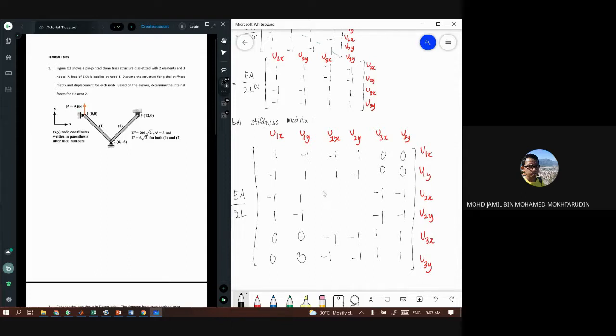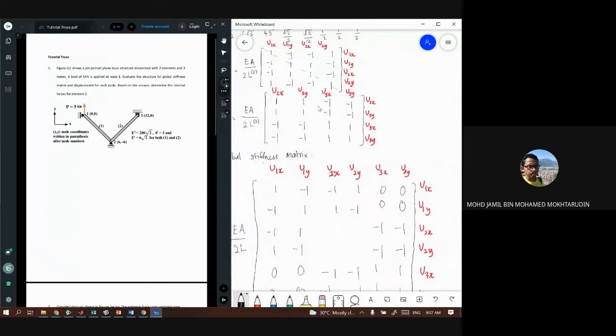Okay, so we have the common node here, U2X and U2Y. So you need to add up these 4 values here with these 4 values here. Okay, so you get 1 plus 1 equals 2, 1 minus 1, 0, 1 minus 1, 0, and then 1 plus 1 equals 2.